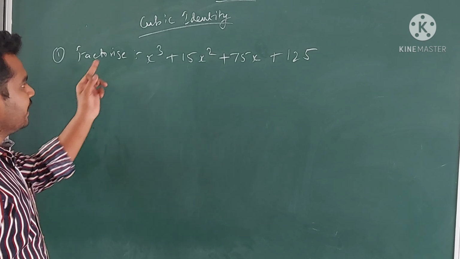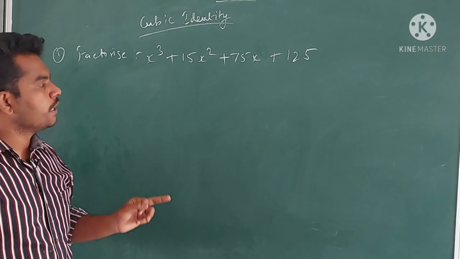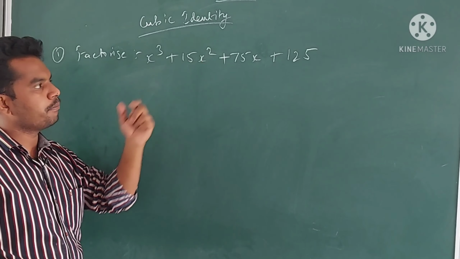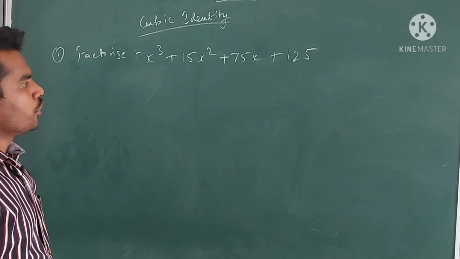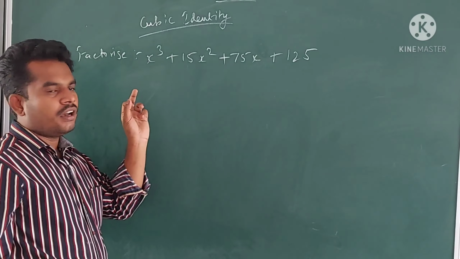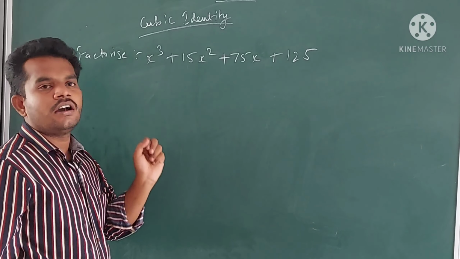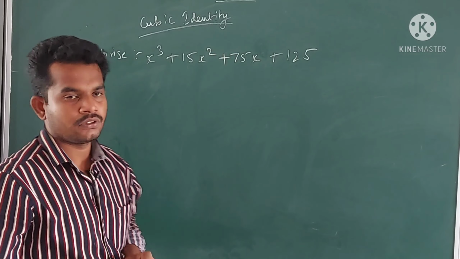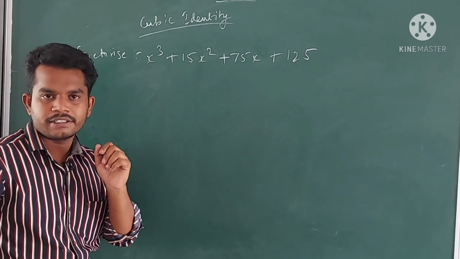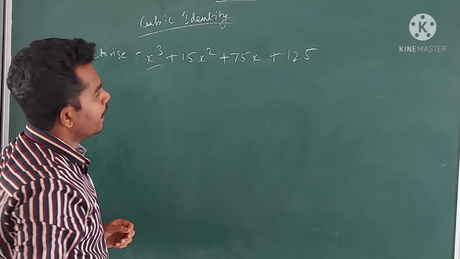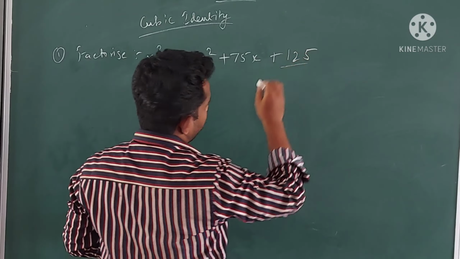Okay, so next type, cubic identity. How do we factorize this type of polynomial? You observe the first term, the cube term, and the constant term. For this type of factorization, you observe the cube term and constant term.